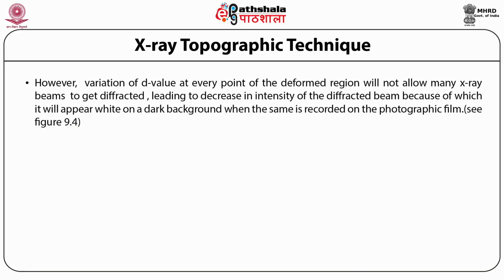However, variation of d value at every point of the deformed region will not allow many X-ray beams to get diffracted, leading to decrease in intensity of the diffracted beam, because of which it will appear white on a dark background when the same is recorded on the photographic film. This we can see in figure 9.4.